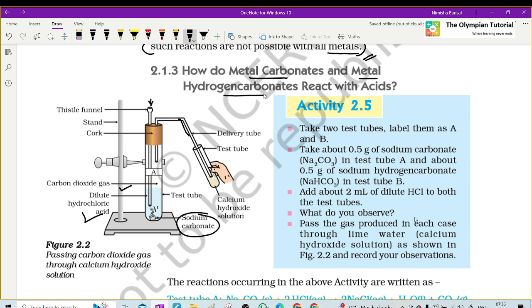Can you tell me what are carbonates? Okay, I will let you know. Carbonate is CO3, and hydrogen carbonate is HCO3.